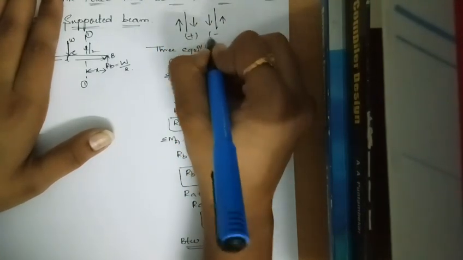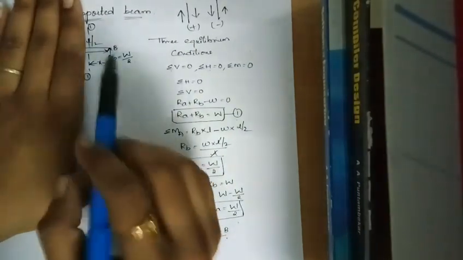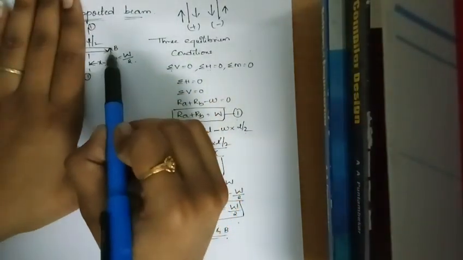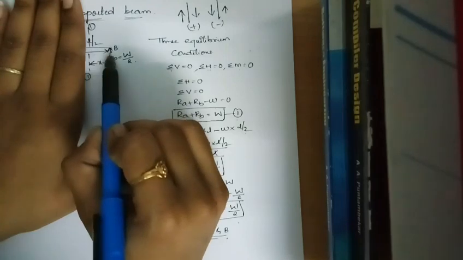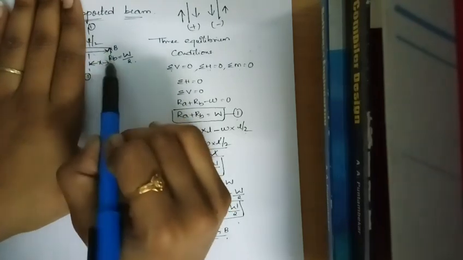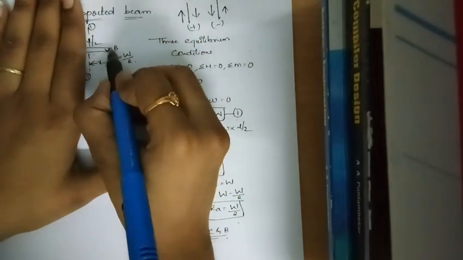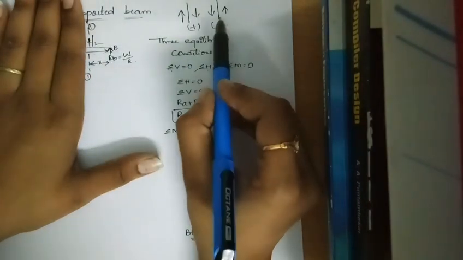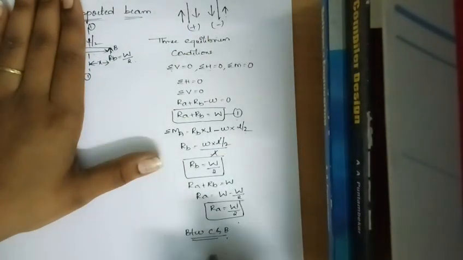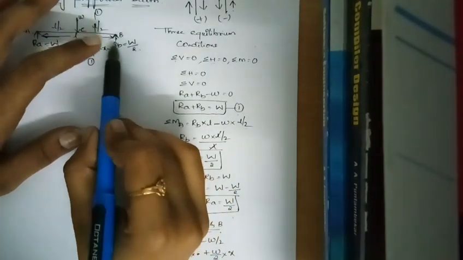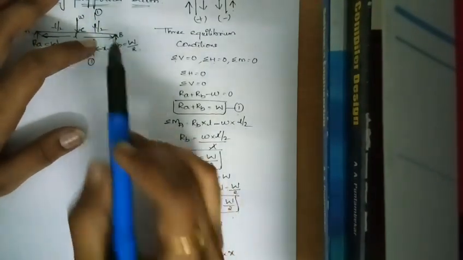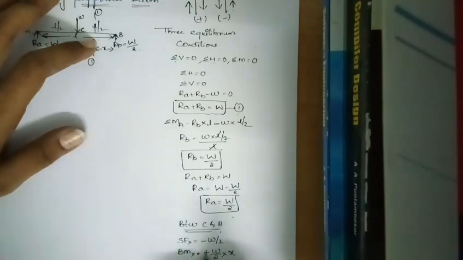This is positive and this is negative. Right part of the section, the force which is acting to the right of the section is acting upwards, so negative. SFX is minus W by 2. Bending moment, due to this force there is a sagging moment, so we'll get positive. So plus W by 2 into X.